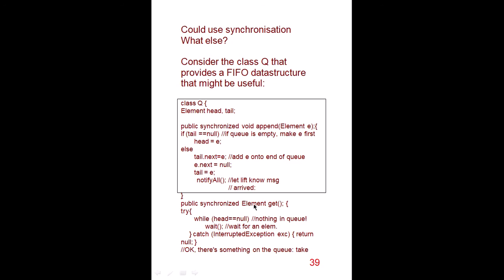The second method I'm looking at is the get method. It would be a disaster if you allowed two different threads to remove an item from a queue, because you in effect would be giving the same element two opportunities for getting some kind of priority in some kind of action.